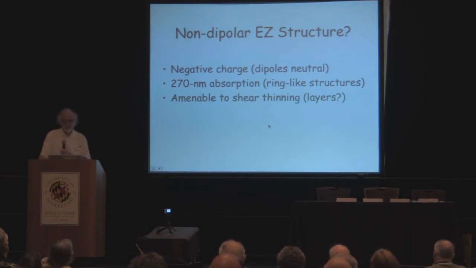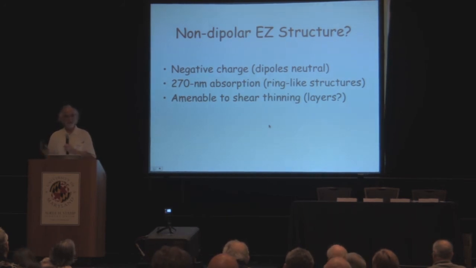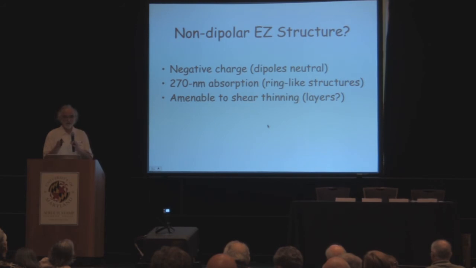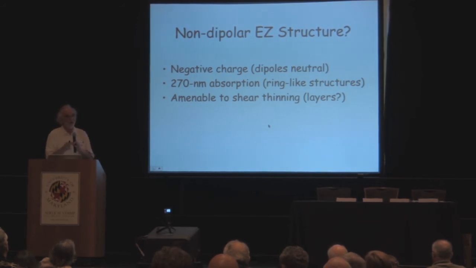Another feature is that we found that this exclusion zone is amenable to shear thinning. And what do I mean by that? You have a surface, you have the exclusion zone, and you have flow that's parallel to the surface of this. And what happens is if you impose that flow, the width of the exclusion zone is narrower and narrower. It'll go down to 0.4 times the static size.